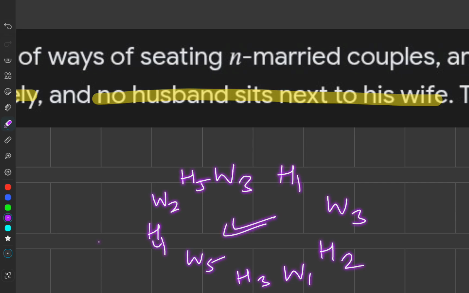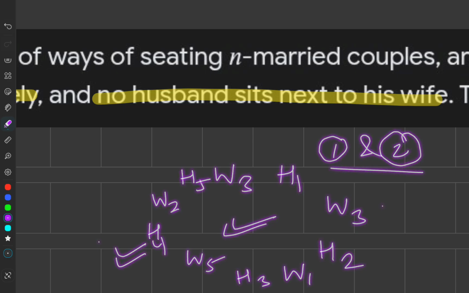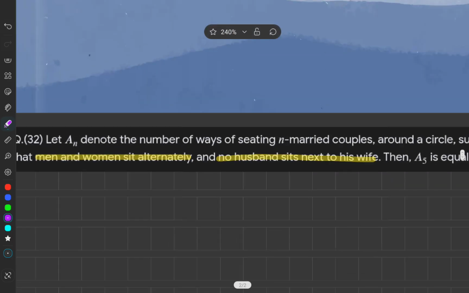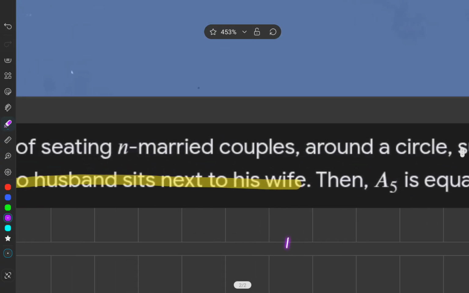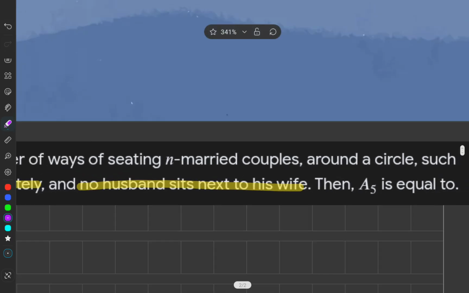This is the case where both conditions 1 and 2 are being followed. Like these, we have to count how many cases we have for n equals 5. So let's just start the problem.